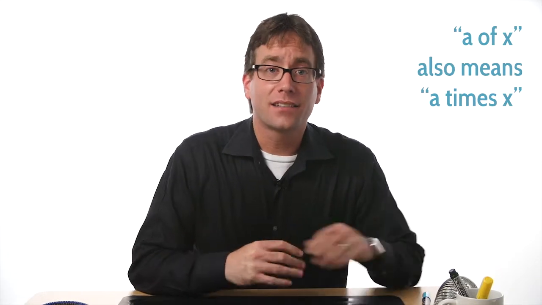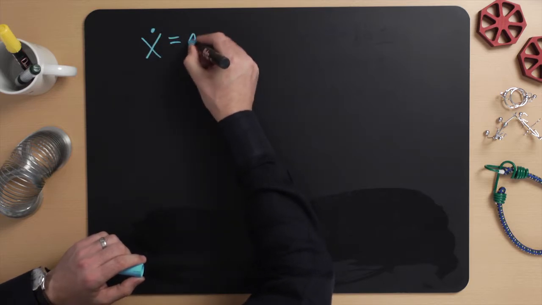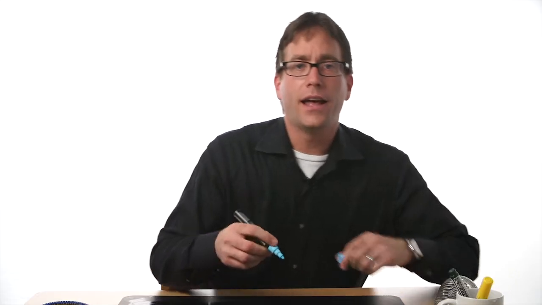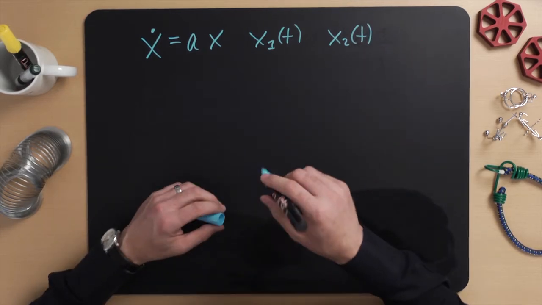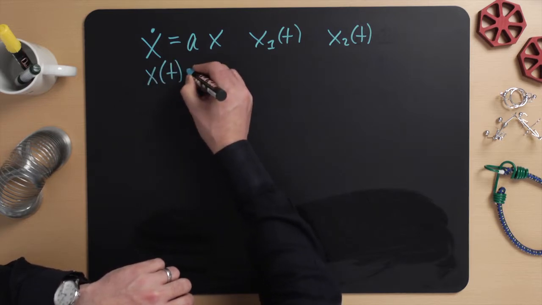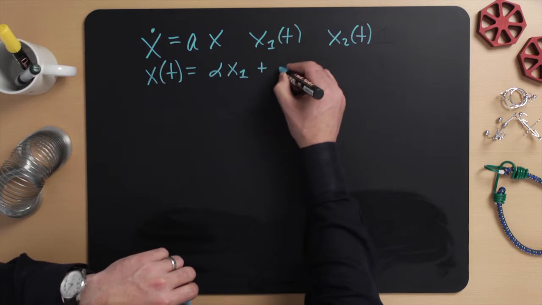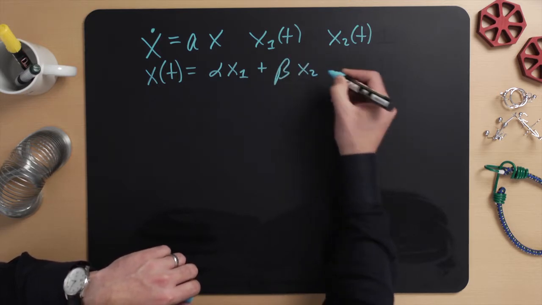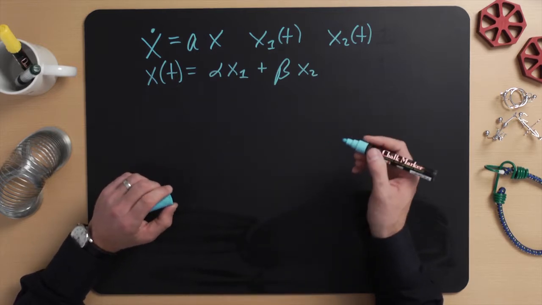Now let's say that x dot equals a of x, and we have two solutions, x1 of t and x2 of t, both of which solve the differential equation. Now we're going to define x of t is equal to alpha x1 plus beta x2. The question is, does x of t solve the differential equation?